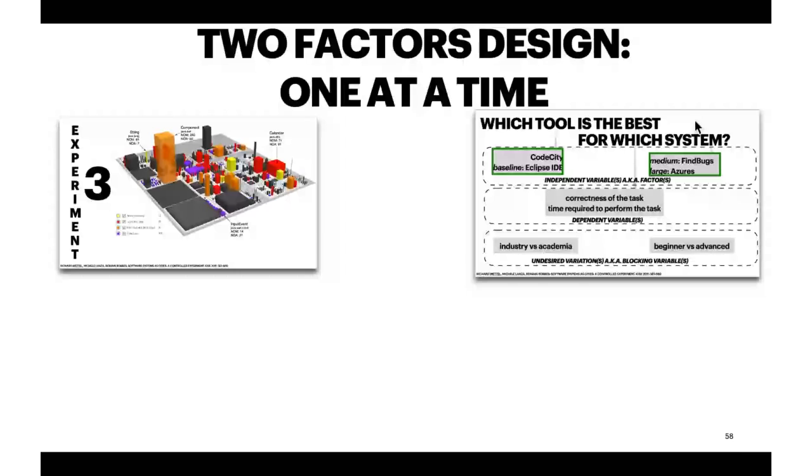One of the classical approaches would be the so-called one-at-a-time approach. It's the simplest technique, and it focuses on the argument that if our variables are independent, then we can consider them in isolation.